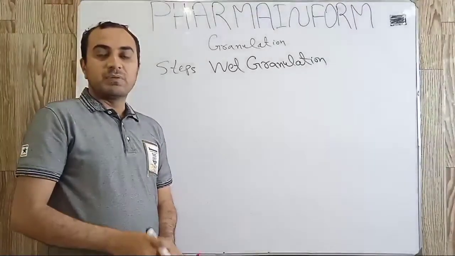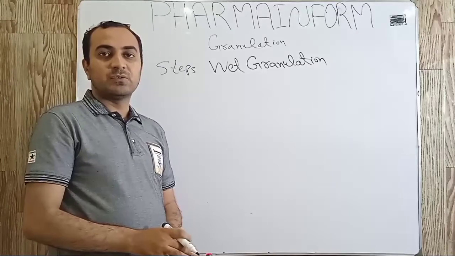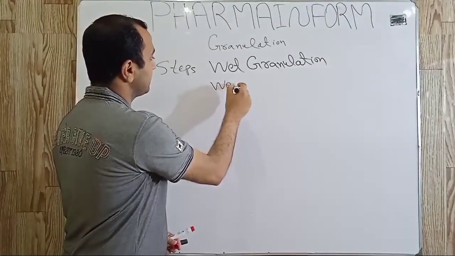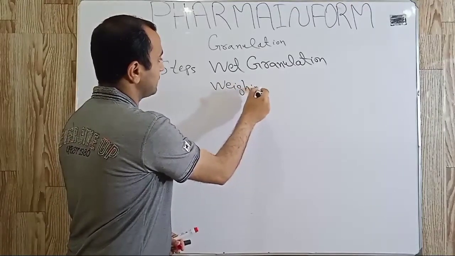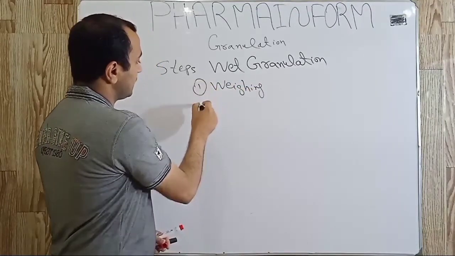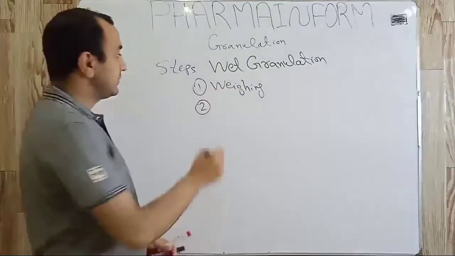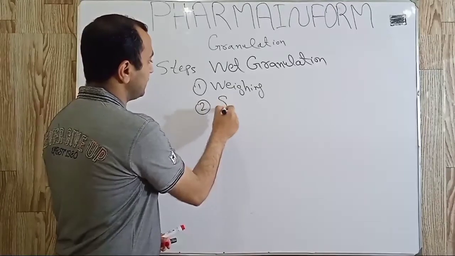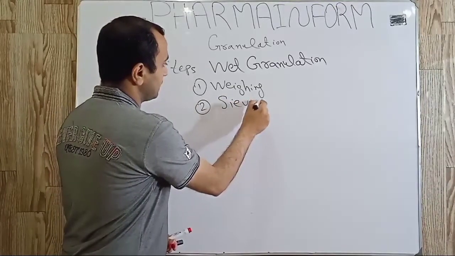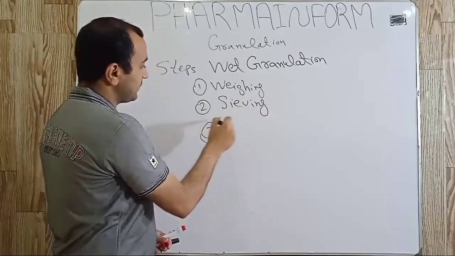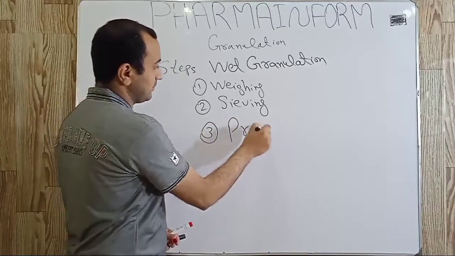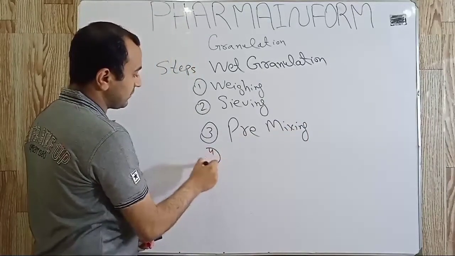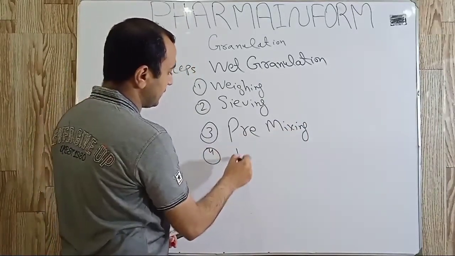Wet granulation is a multi-step process and it includes the following steps. First step is weighing. Second step is sieving. Third step is pre-mixing. Fourth step is kneading.